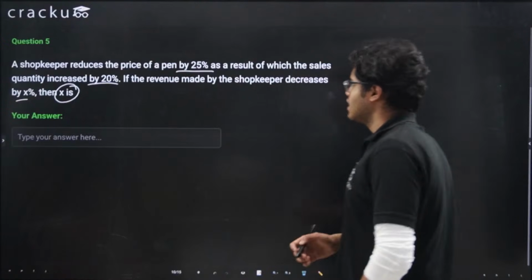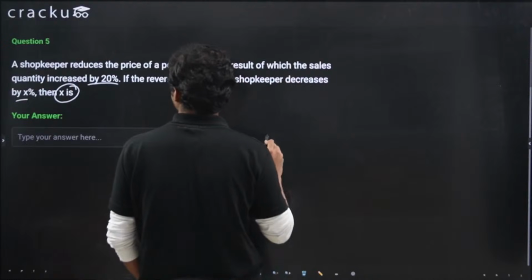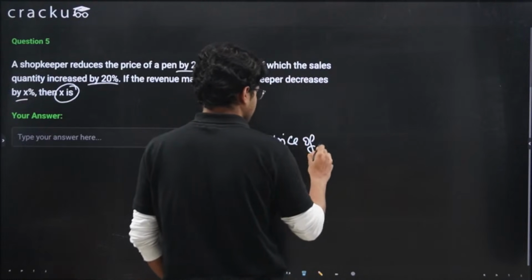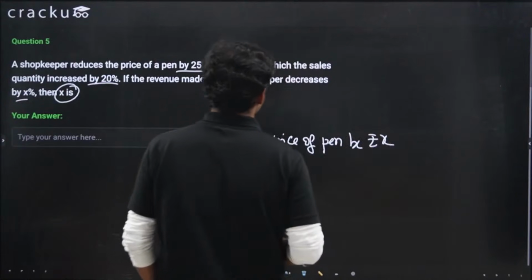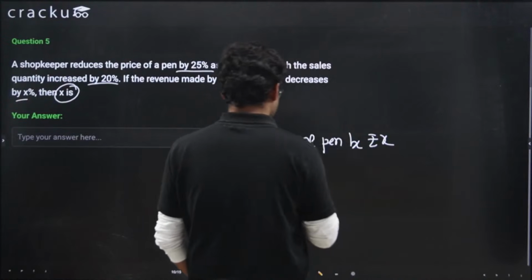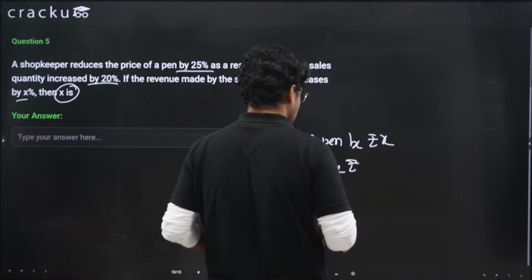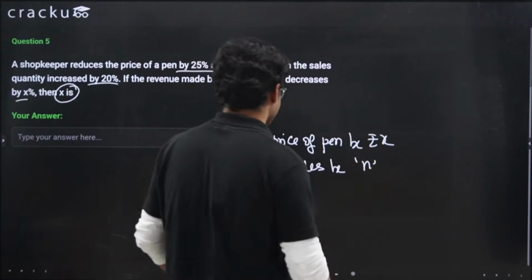Now, let's say initially the price of the pen be rupees X, and the sales be N, that we are selling N pens.